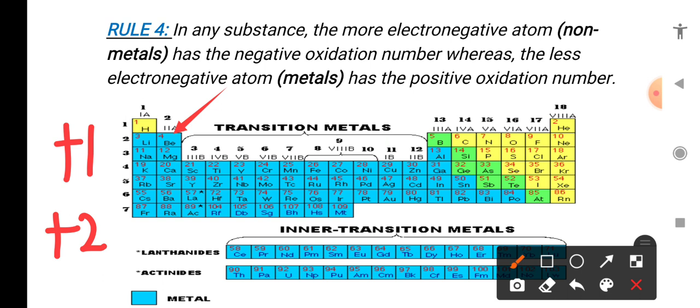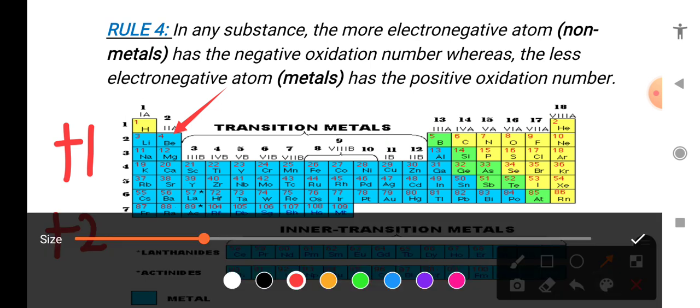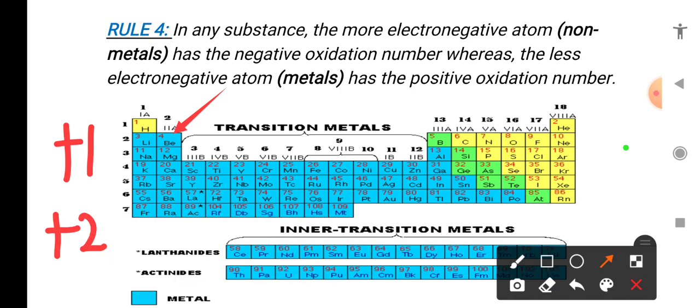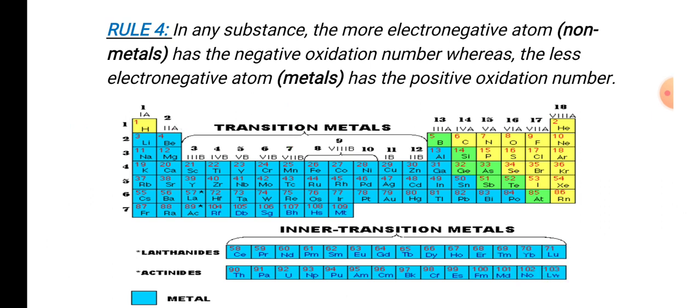Whereas the electronegative elements in group 7, that's the halogens. Halogens are in group 7.